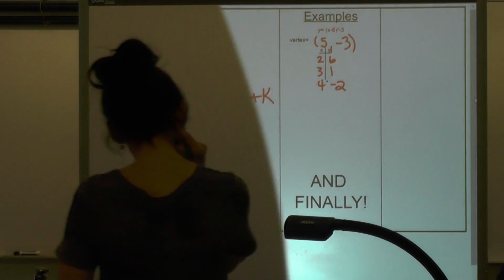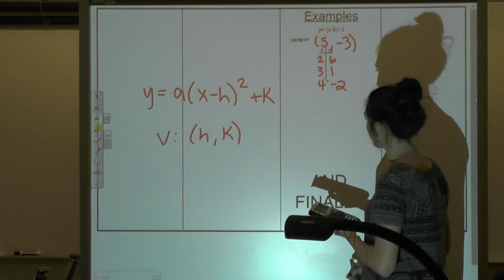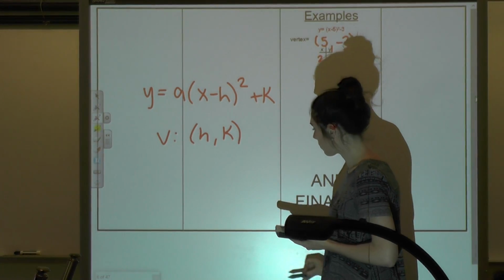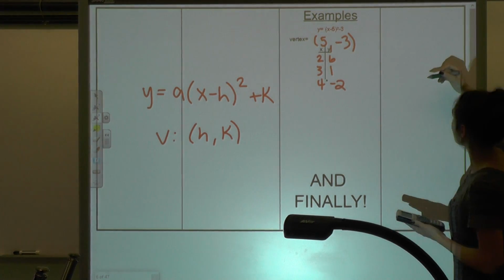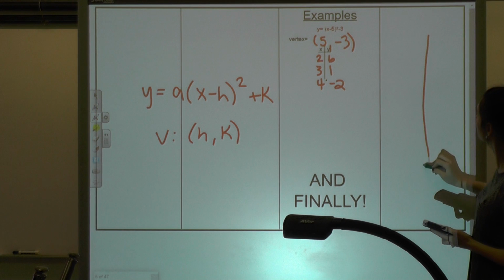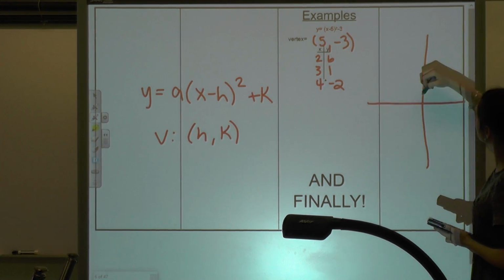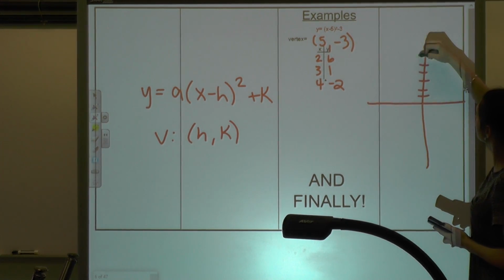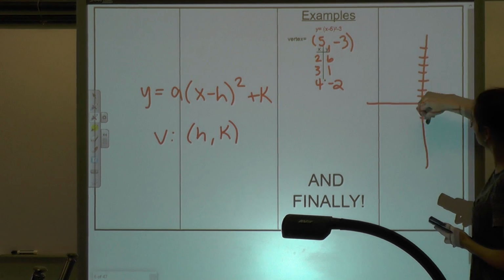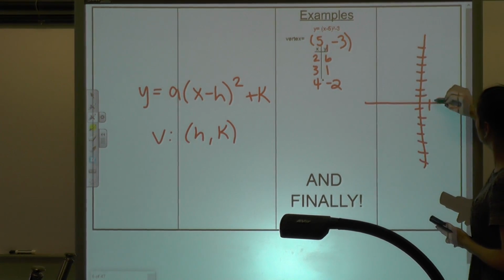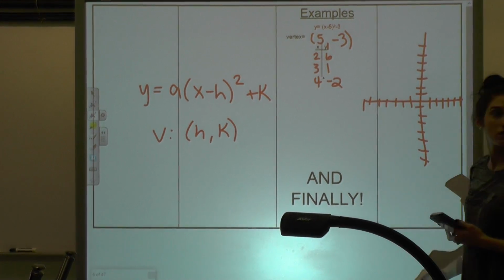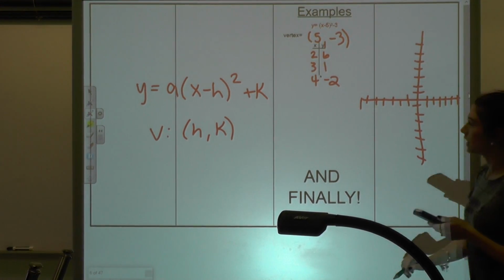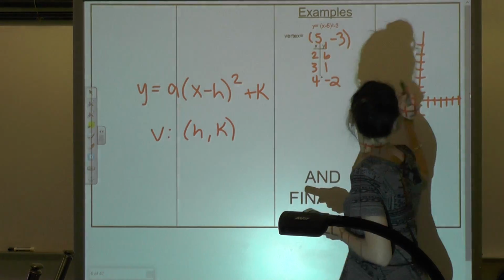So now that you have your points, it's time to graph, and we're going to graph our reflections. So I'm going to graph it over here for you guys. Actually, I think I'm going to need to move this over some.